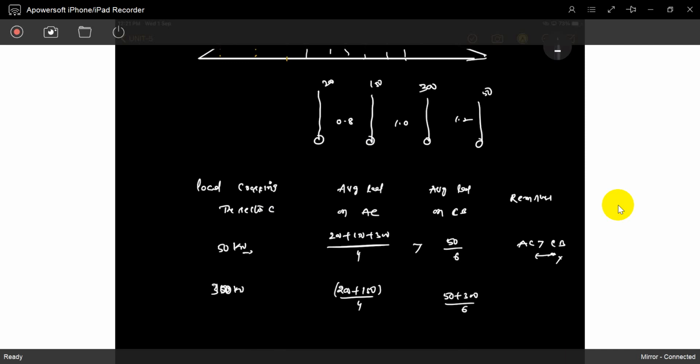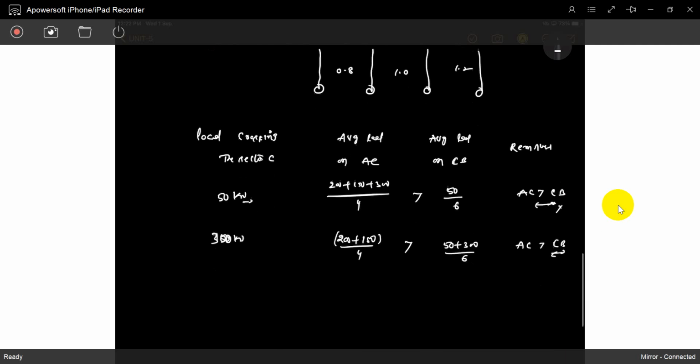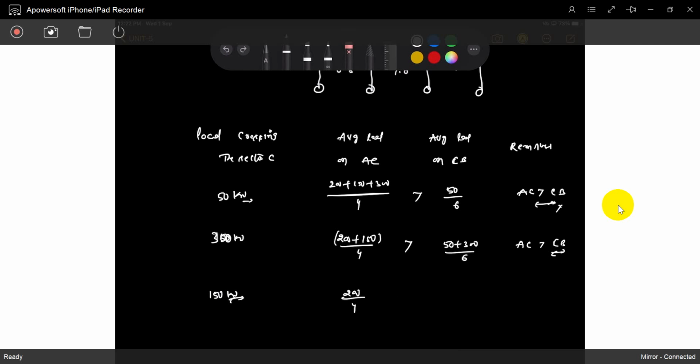This is more. This is again more. AC is more. So now we can see later 150 kilonewtons is also passing that section. Here only 200 by 4. Here 50, 300, 150 is joining.